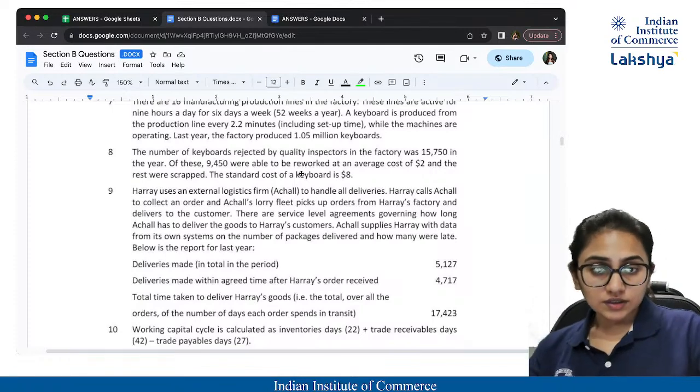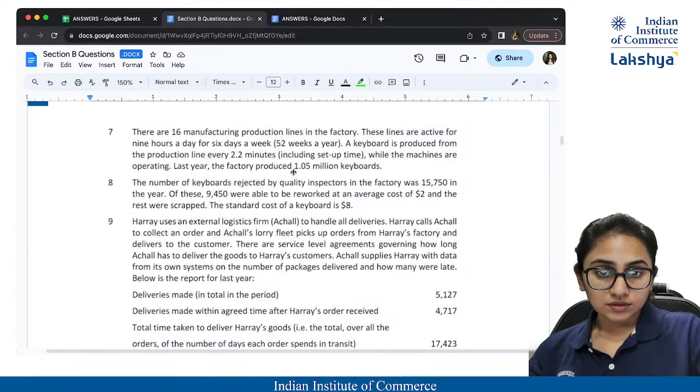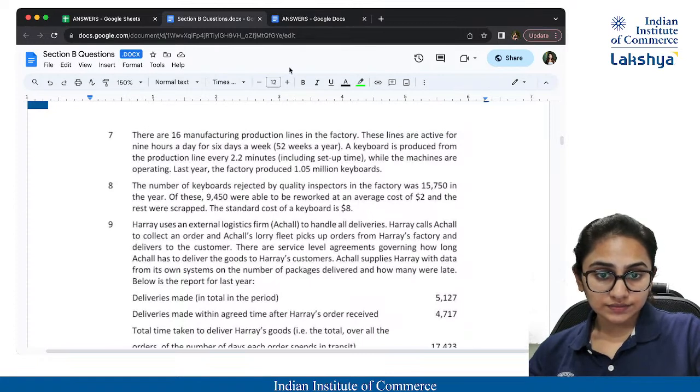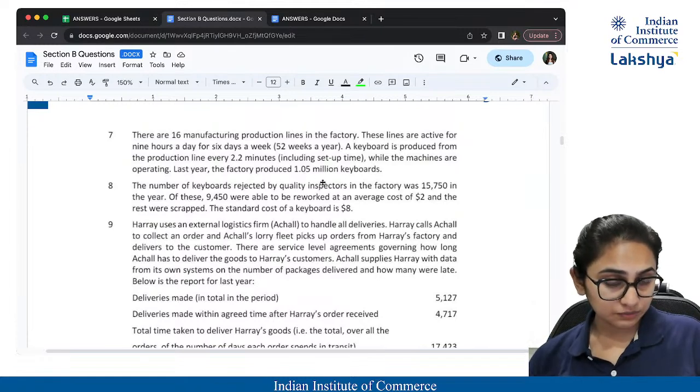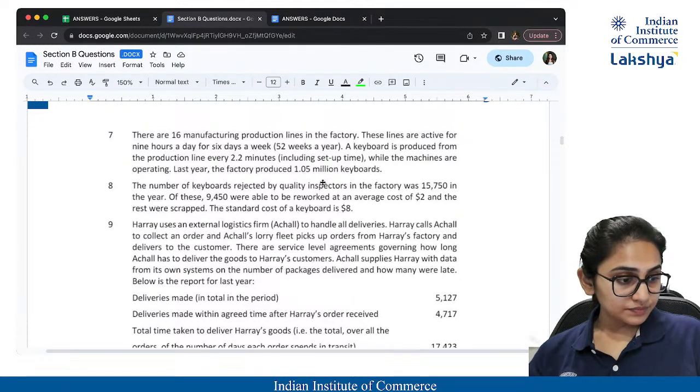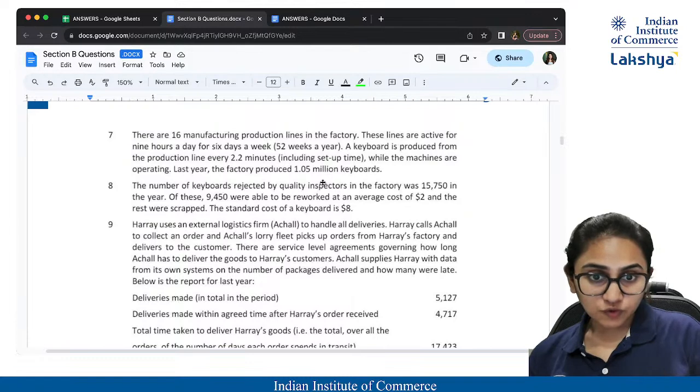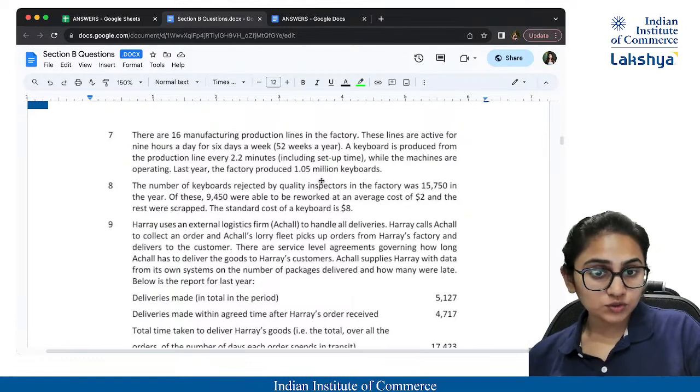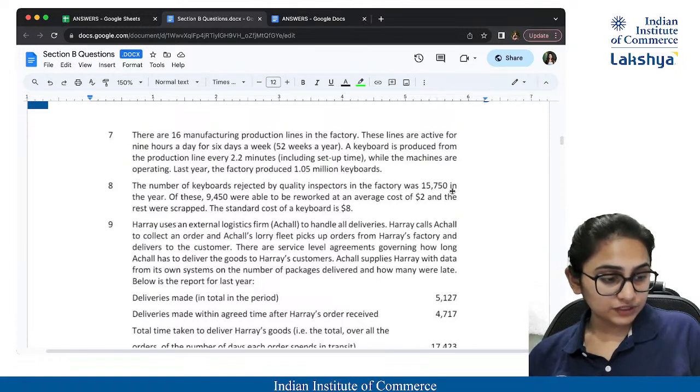Okay. So in this you can say, and last year the factory produced 1.05 million keyboards. So if you find out the ratio, we produced 1.05 and we returned 15,750. So 15,750 you have to convert into millions.